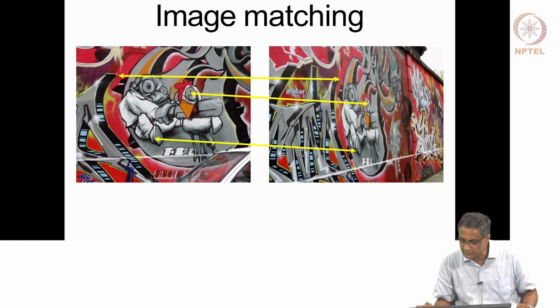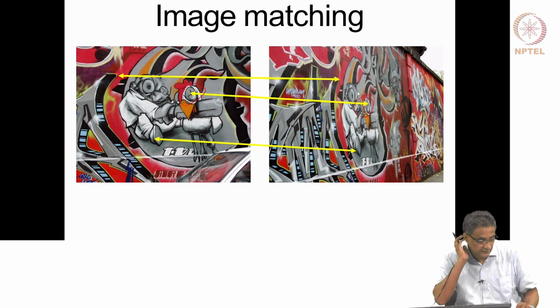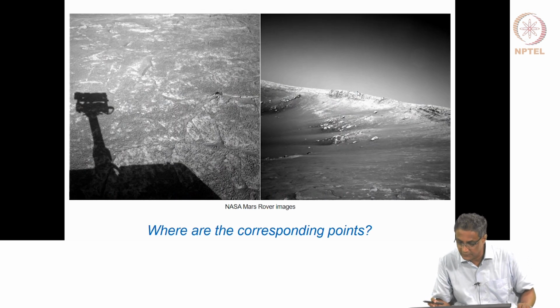Then you can do image matching. This is somewhat similar to what we saw earlier. Even though the viewpoints are quite far away between the two, you still should be able to look at the shape it takes in the other image and match them. Look at this, the NASA Mars rover image. If I ask you where are the points that you can match, it doesn't look like an easy job at all.